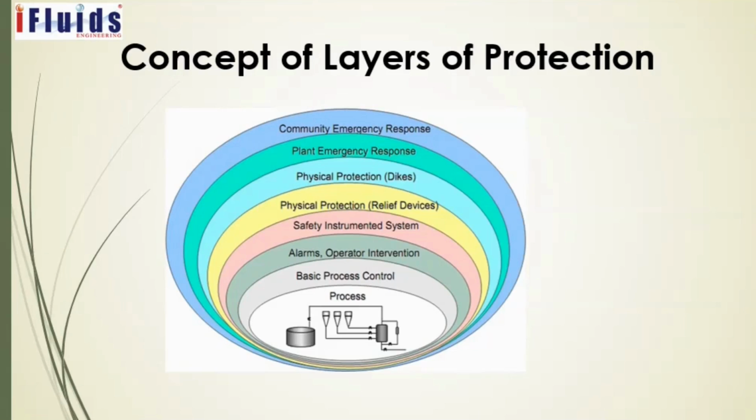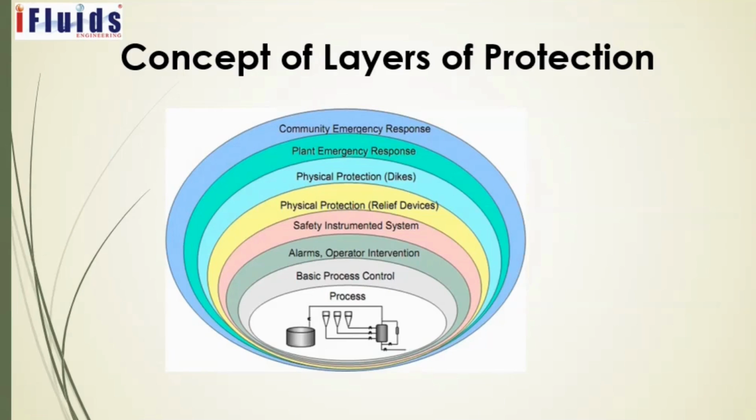If that also fails, the next layer of protection is the physical protection, like a relief device or a dike. You can see relief devices and the dikes. If something still happens, the next layer of protection is the plant emergency response.